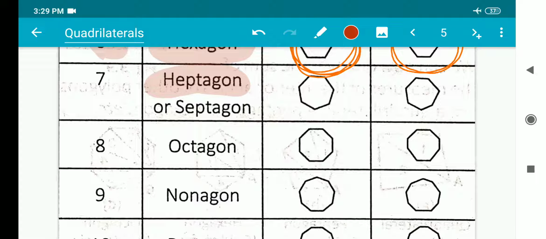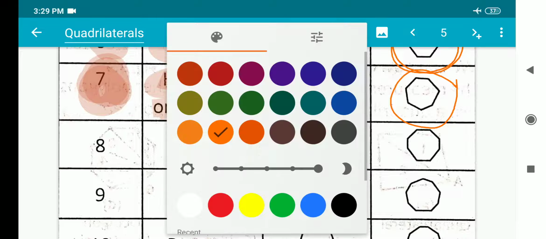It is also called a septagon. A polygon which has seven sides is called a heptagon or septagon. This is a regular heptagon and this is an irregular heptagon.